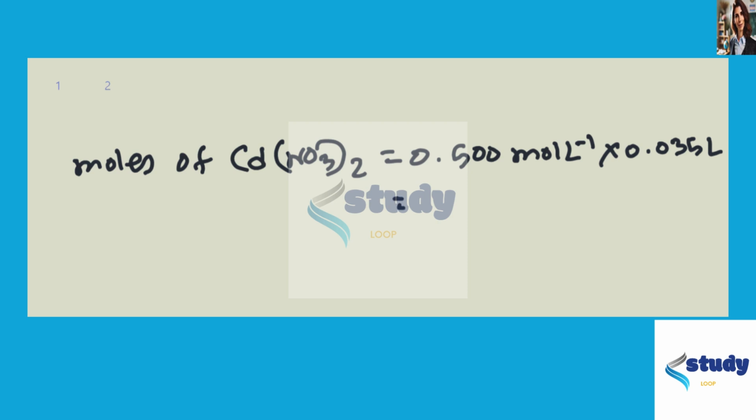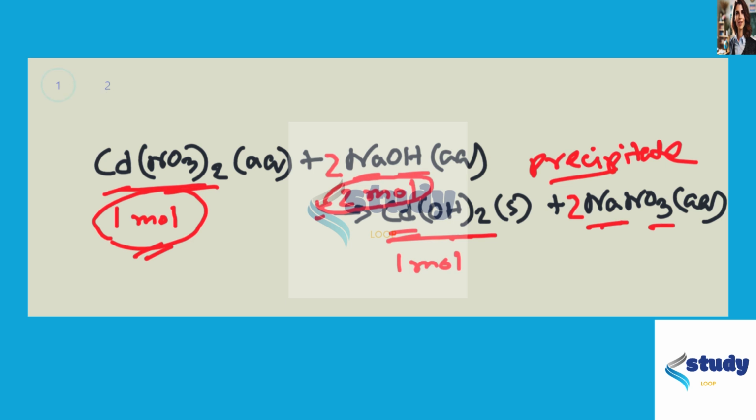It will give us the number of moles of cadmium, which is equal to 0.0175 mole. So that means 0.0175 mole of cadmium nitrate is present here.